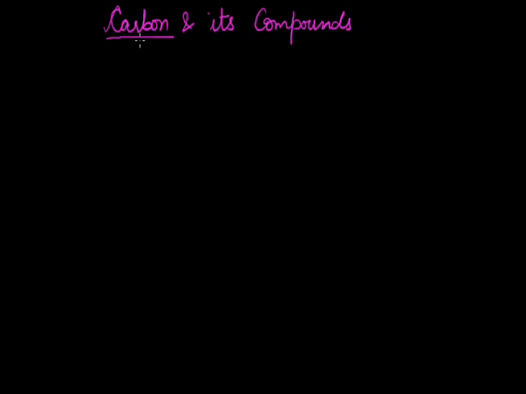We need to have certain details about it, like its symbol is C. It is a non-metal. The atomic number for carbon is 6. Its configuration is 2, 4.